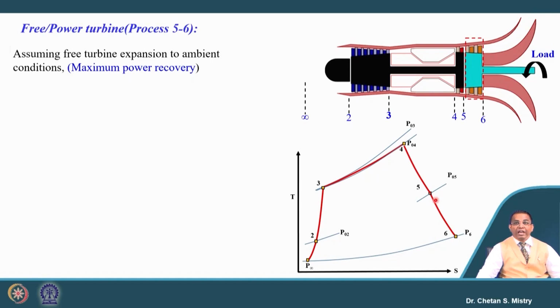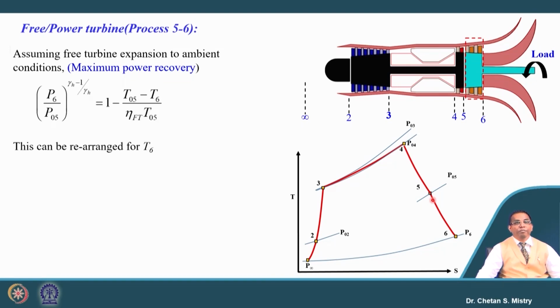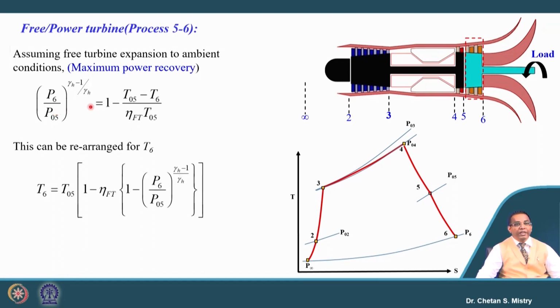We will have exhaust coming out at a temperature higher than the entry temperature, but we will try to extract the maximum amount of power by using this free turbine. For maximum total power recovery, we need to go with the efficiency term. That efficiency term we are correlating in terms of pressure ratio, and if we rearrange this efficiency term, we will be able to calculate the exit temperature from this.